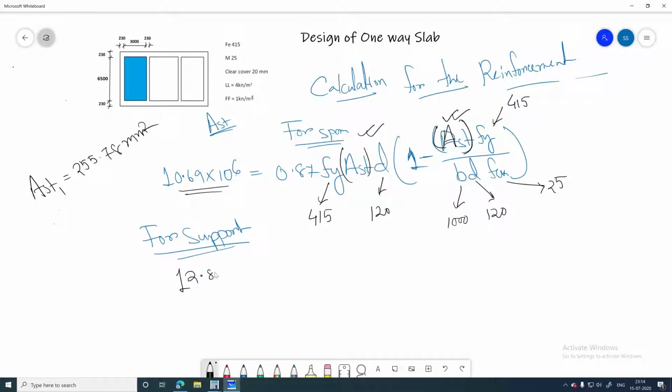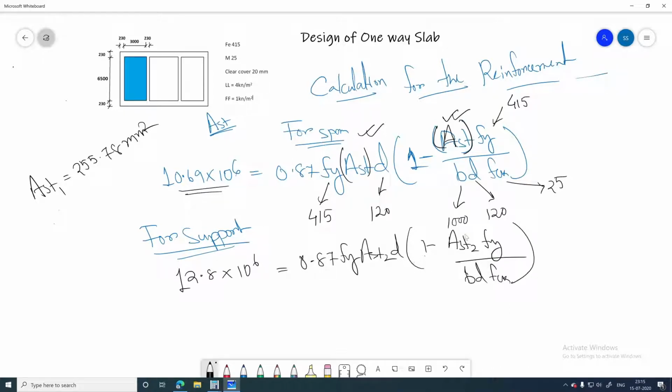Now for the support, similar thing, just here the value of the moment will be different: 12.8 into 10 to the power 6. Same 0.87 Fy AST2 D into 1 minus AST2 Fy by Vd into Fck.